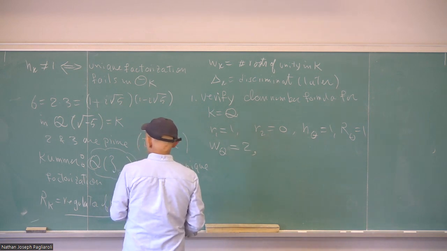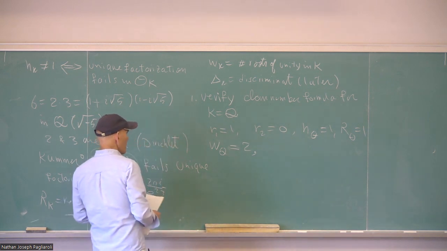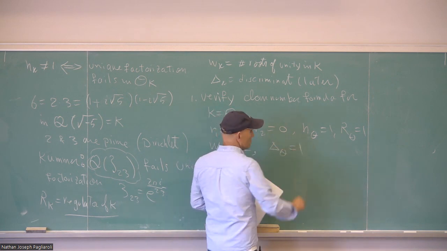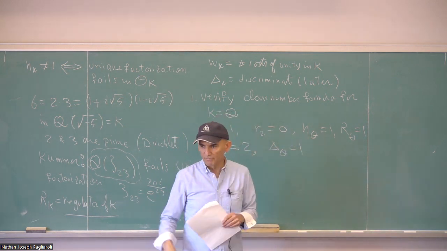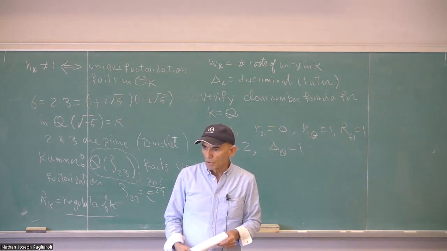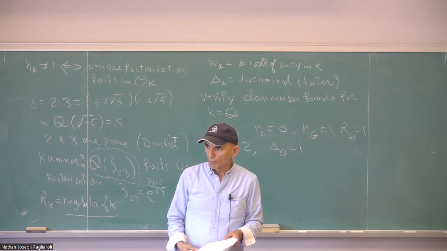And the discriminant is, I can tell you, 1. When I give the definition, you'll see that this is equal to 1. So what is the class number formula telling us?